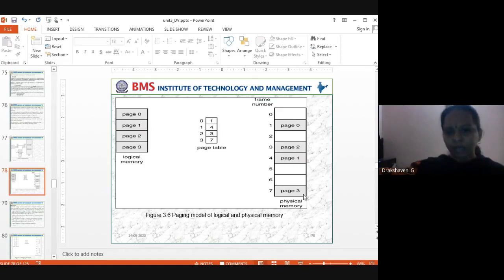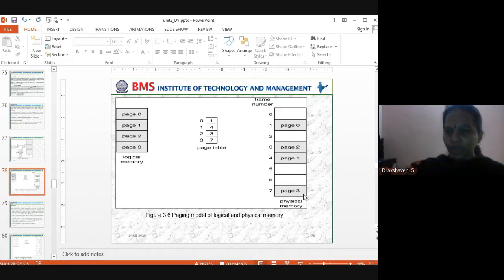What are the pages we have in this slide? There are 4 pages: page 0, page 1, page 2, page 3. So where is page 0 placed in main memory or physical memory? Page 0 is placed in frame 1 of physical memory. Page 2 is stored in frame 3 of physical memory.